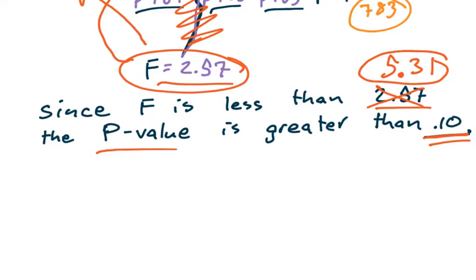So no matter what significance level, the p-value is coming back so large that there's nothing significant about this test. And so in all of these cases, we will not be rejecting the null hypothesis because of our p-value.